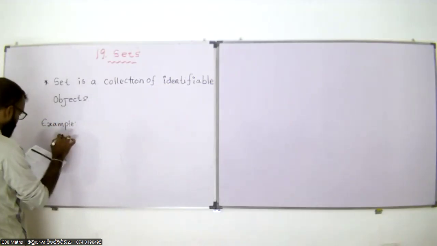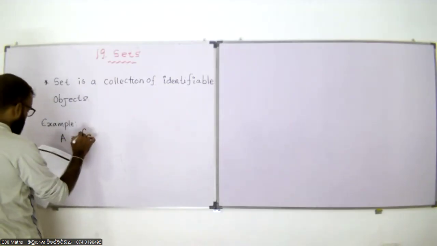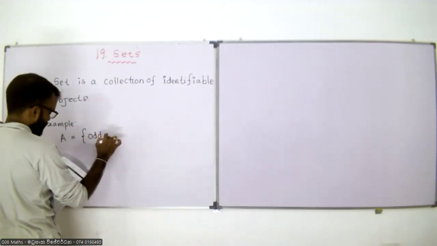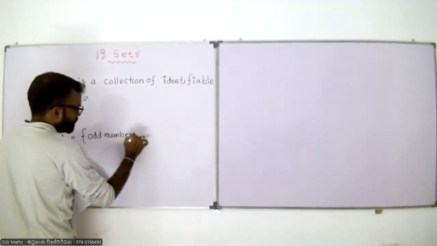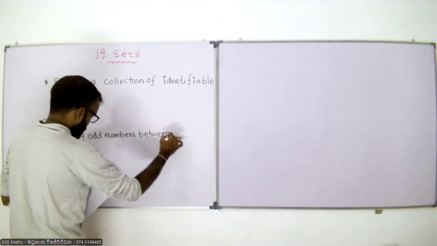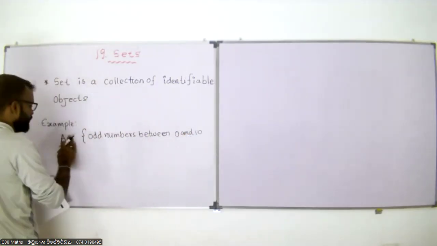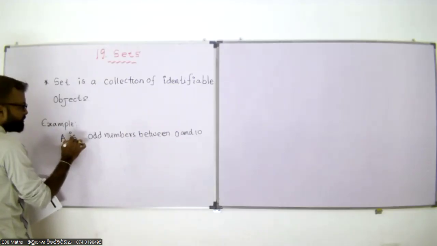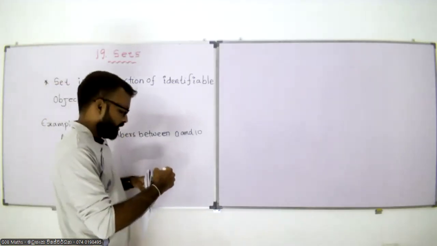Let A be the set of odd numbers between 0 and 10. Don't write this. I am not going to use brackets right now. A is called odd numbers between 0 and 10.